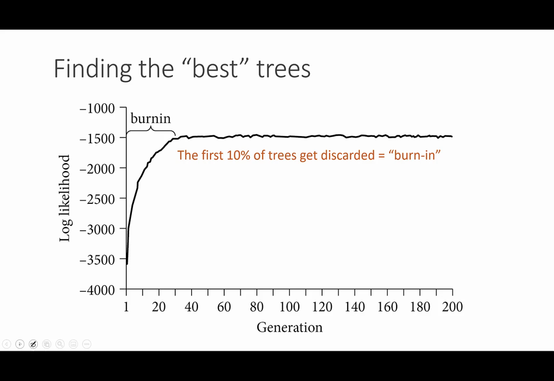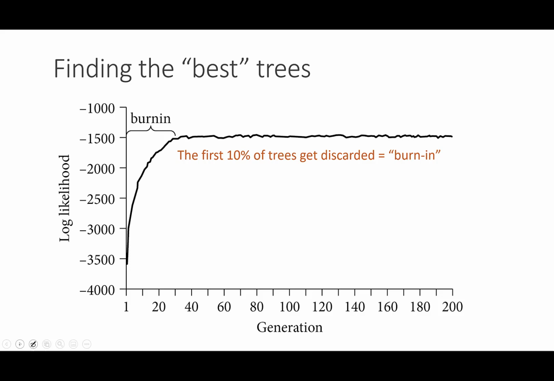The first 10% or so of most Bayesian searches results in trees that are not ideal or that have very low posterior probabilities. And part of the reason for this is that as you start to search through tree space, it's very rare that the program will start on those hills or tops where you will get trees with the highest posterior probability.